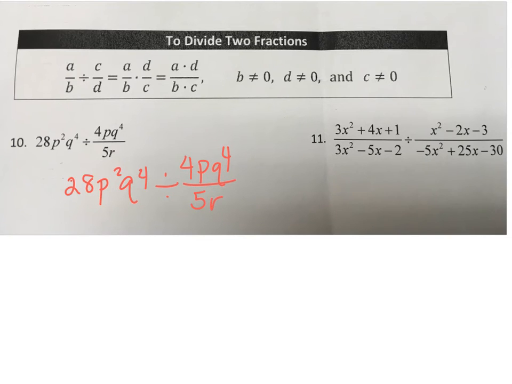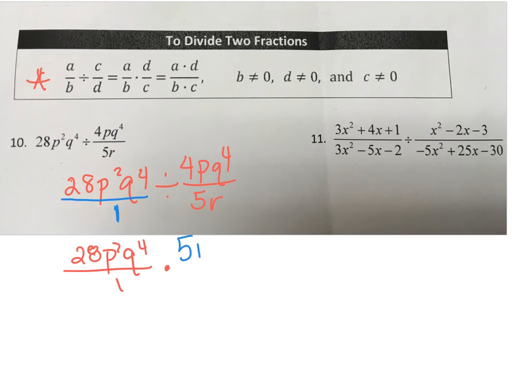Now what I like to do when I have something with a fraction, a numerator and a denominator, is I go ahead and make a denominator of 1. So according to our rules up here, we're going to keep the numerator, which is 28 p squared q to the 4th over 1, and we're going to multiply by the reciprocal of the denominator.